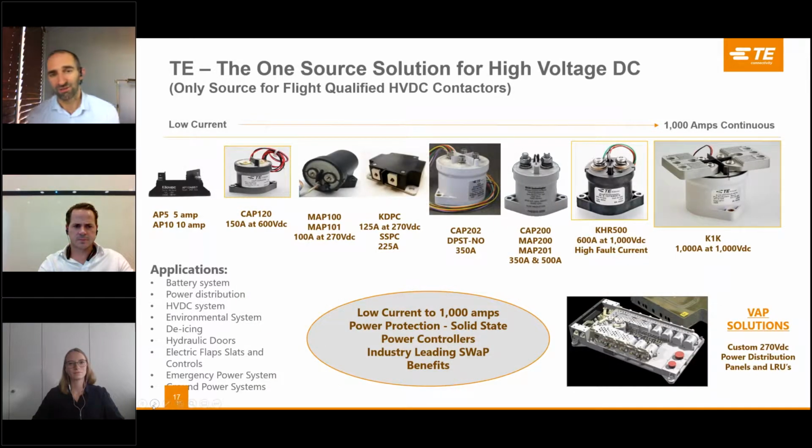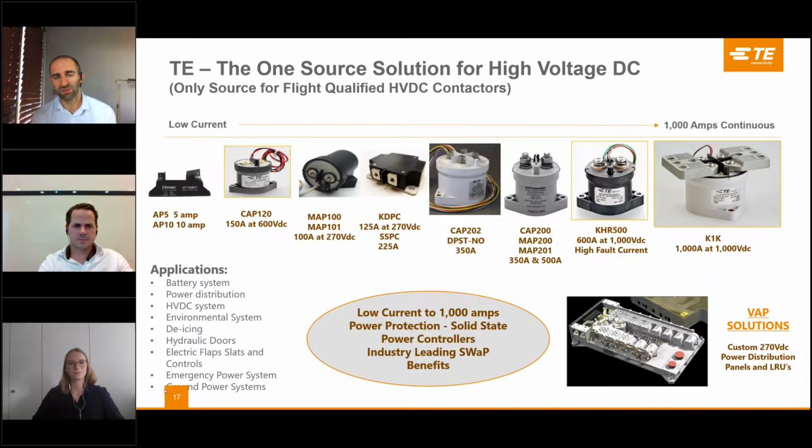Relays and contactors. Again, we've seen a lot of applications come to us at the very first instance asking us what relays and contactors we have that work in a high current, high voltage domain. And naturally, we are the only source there for flight qualified contactors. Our biggest contactor there is 1,000 amps, 1,000 volts. And this is all flight certified.